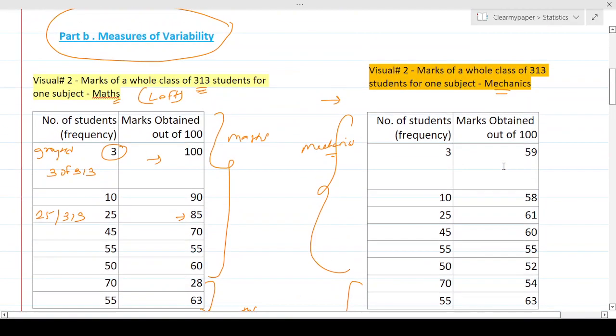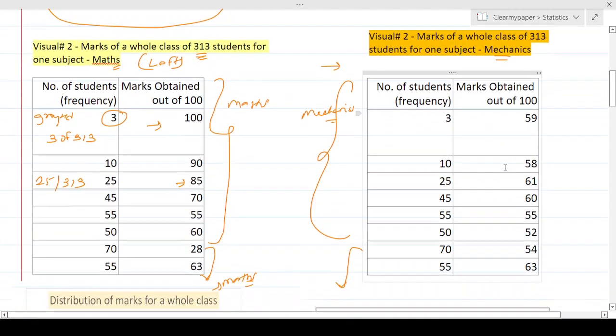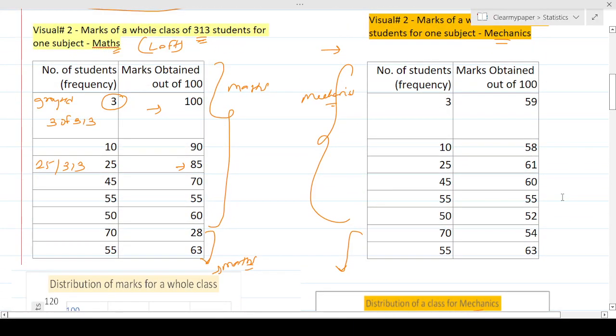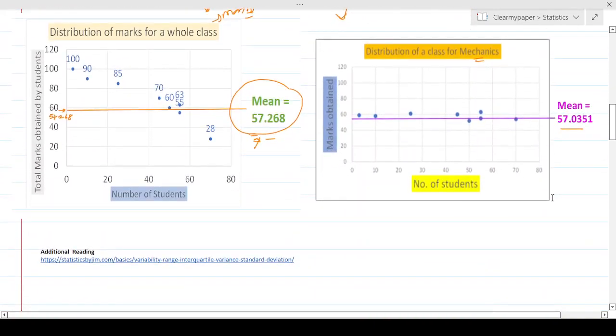Likewise, on the right side, for the distribution for mechanics, the mean is 57.0351. For the same class, we are saying that if you calculate the average score, the arithmetic mean, every single student on average has scored 57.03 marks in mechanics. That's what it means. Okay.